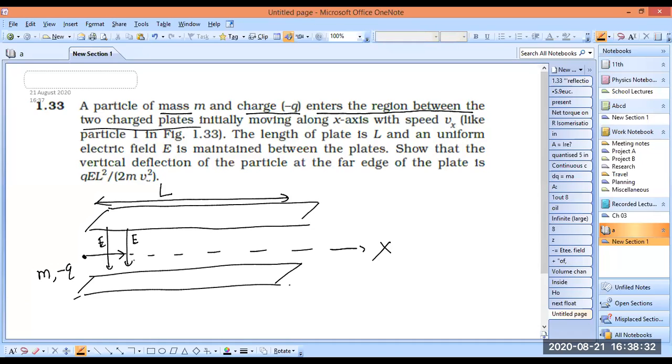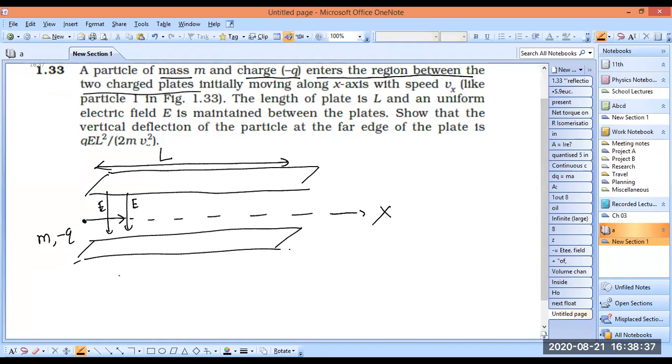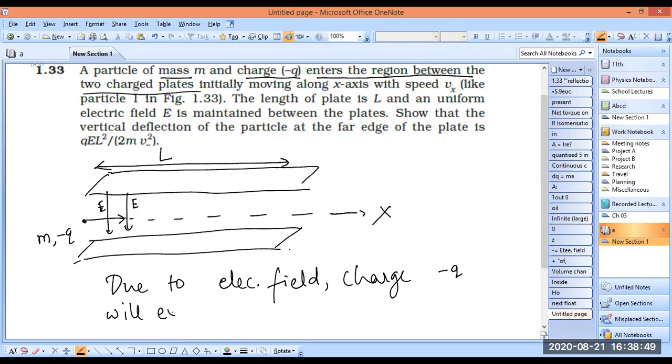Because of that electric field, the charge minus q, a negative charge, will experience force. In which direction?